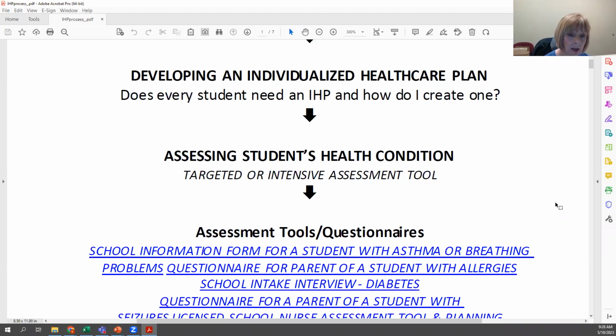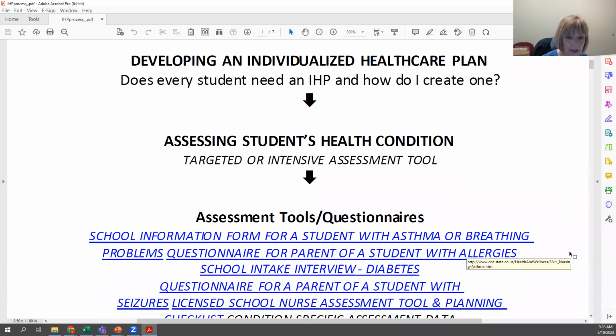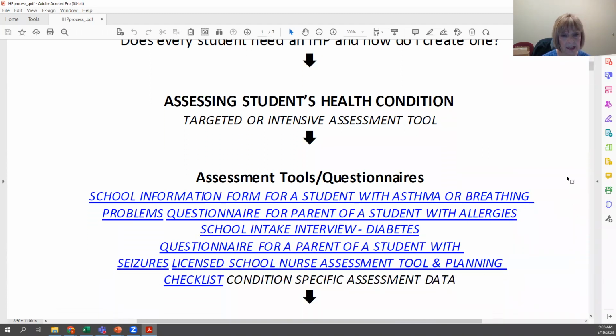And then how are you going to assess the students' health conditions? And lots of different examples are included in this document. You can kind of look at that. For most of us, if we've been doing it a while, we know that these are the assessments that we need.